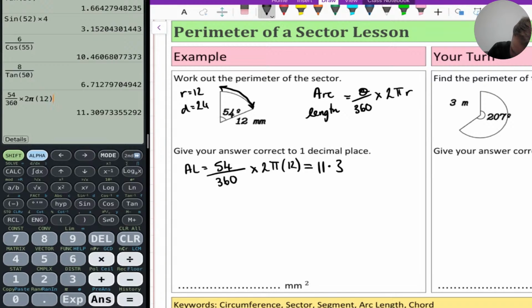So that there is equal to 11.3 millimeters this time. Remember that this length here is 11.3 millimeters. Then I need to add on this side here and this side here, which are both going to be 12.